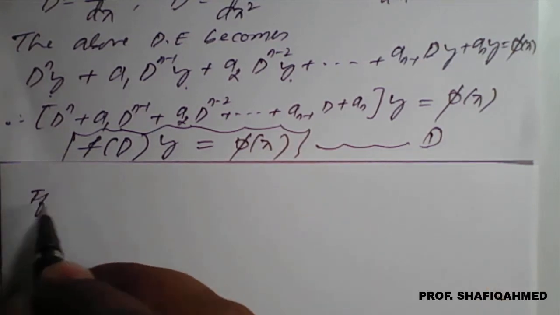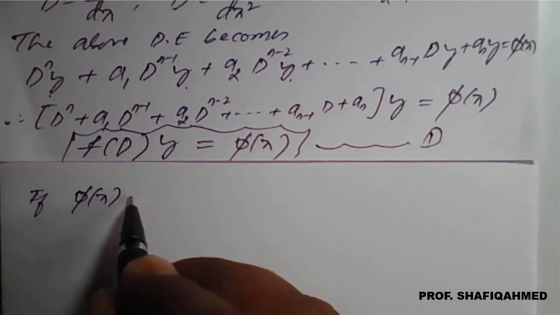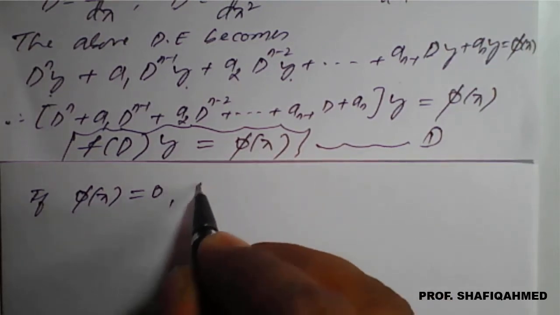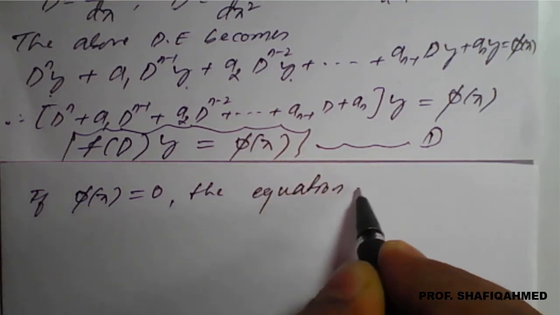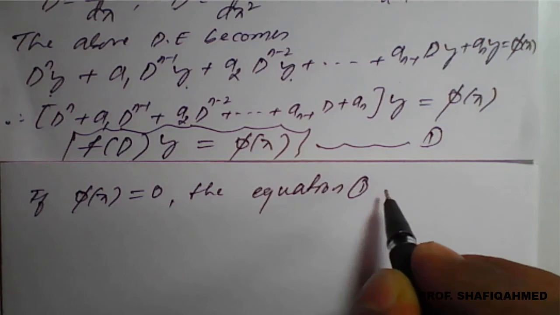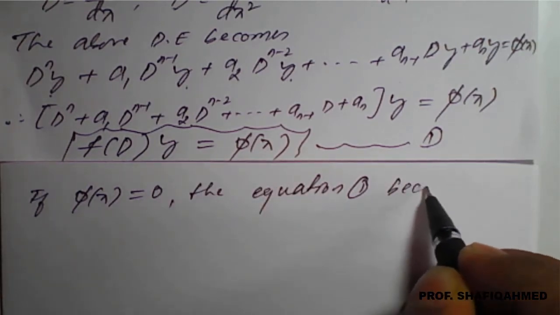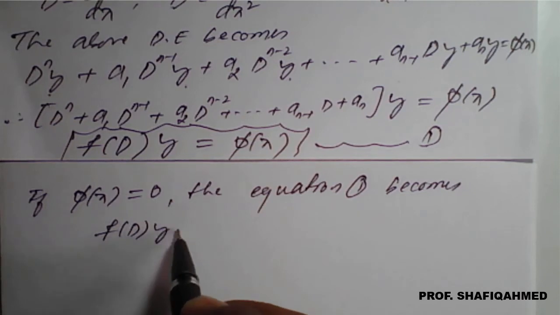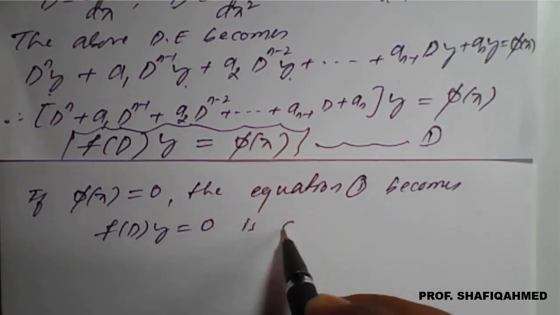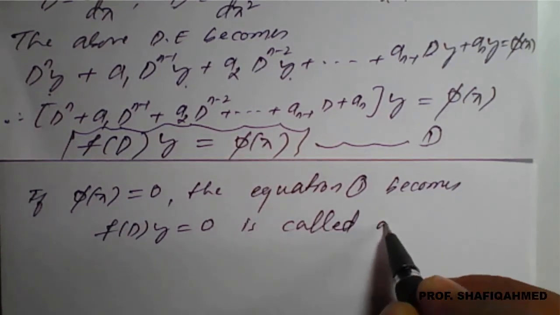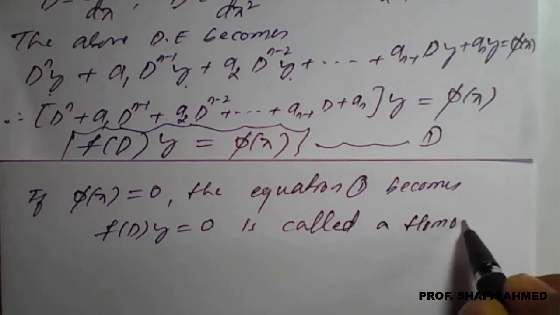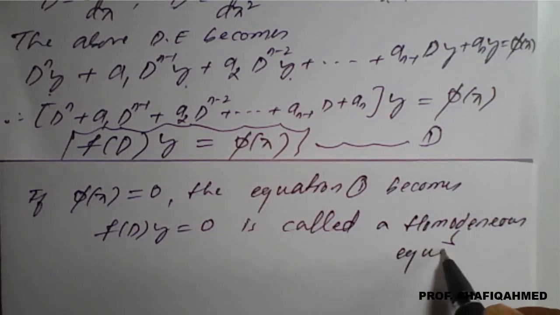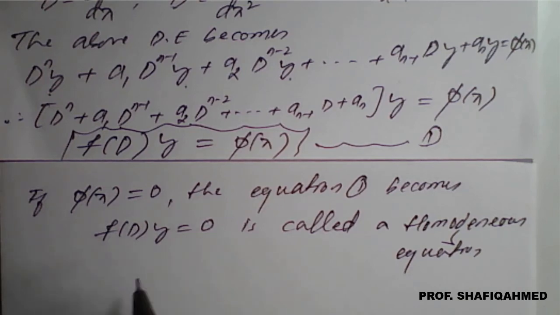It depends on your phi of x. The condition is, if phi of x becomes 0, equation 1 becomes f of D of y equal to 0, and it is called a homogeneous equation.